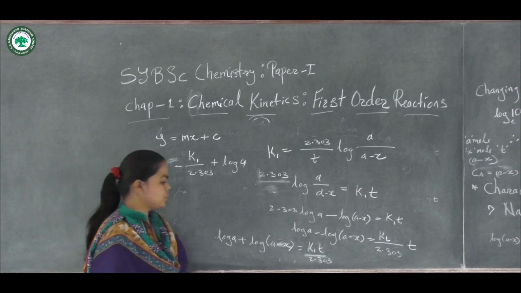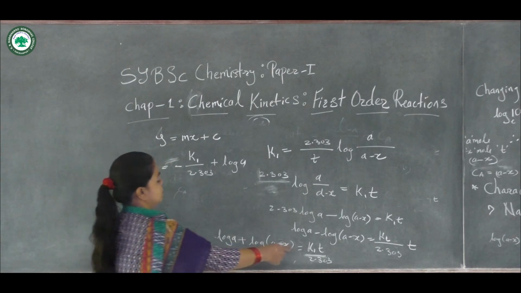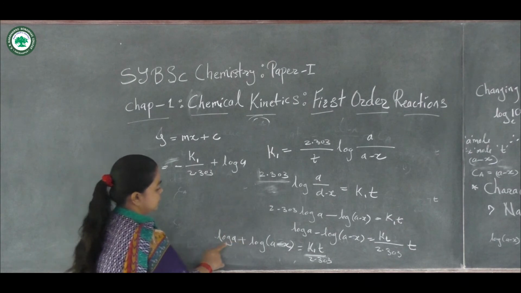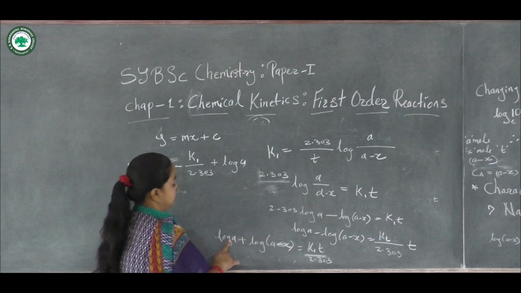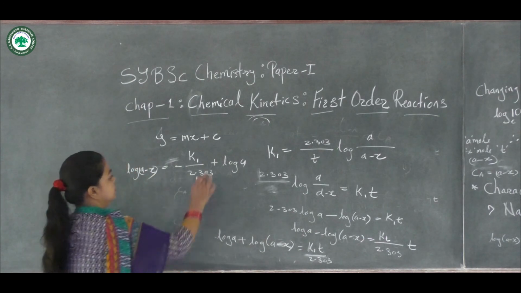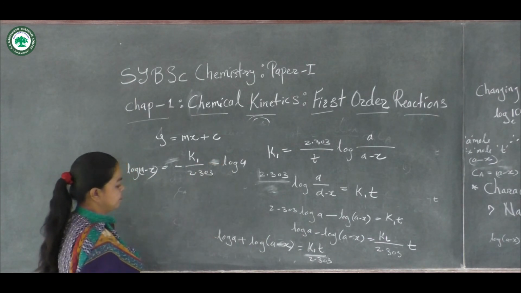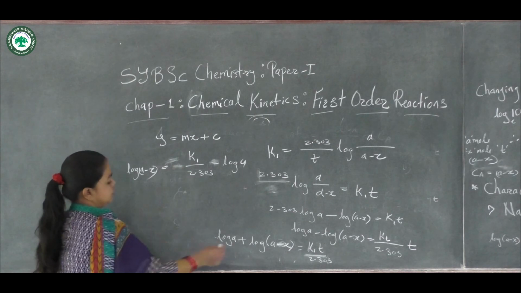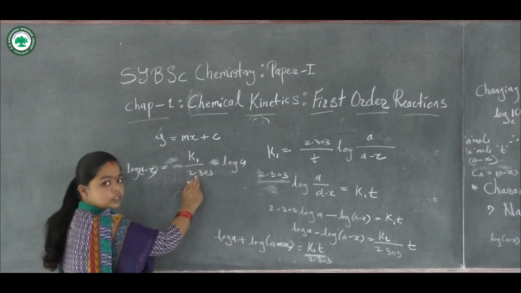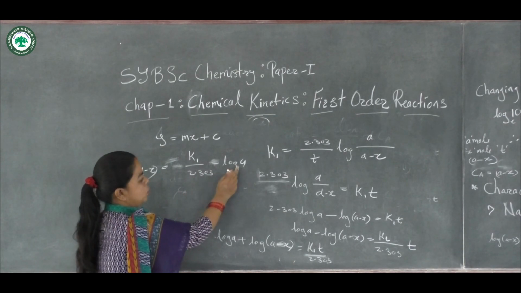So by rearranging this equation, what happens here? The log of a goes to the right hand side, so it becomes minus log of a, and the remaining log of a minus x equals k1 upon 2.303 minus log of a.